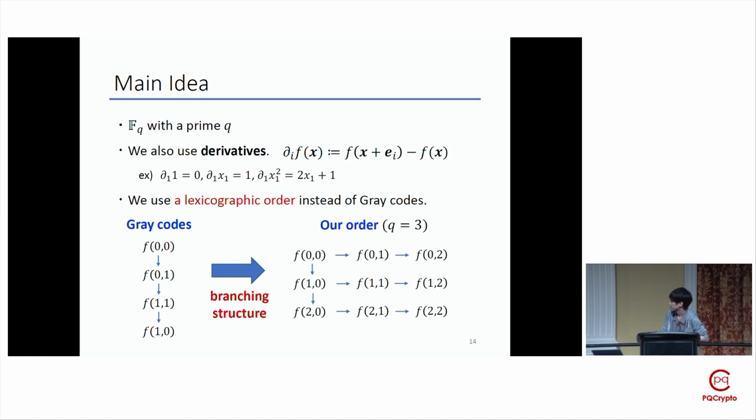In the gray code ordering, the output is covered like this: f(00), f(01), f(11), f(10). But in our lexicographic order, we first compute f(00), and then by adding derivatives, we obtain f(01) and f(02). And then return to f(00), and by adding derivatives, compute f(10). Like this, by using a branching structure, we realize lexicographic order enumeration.